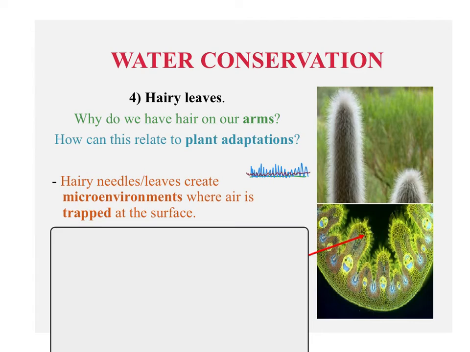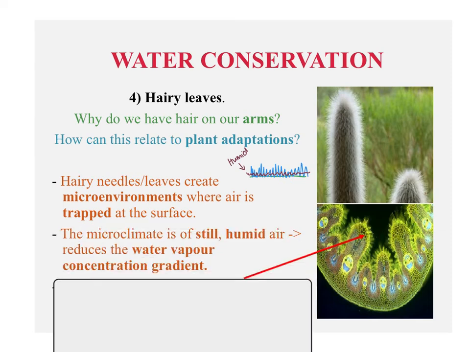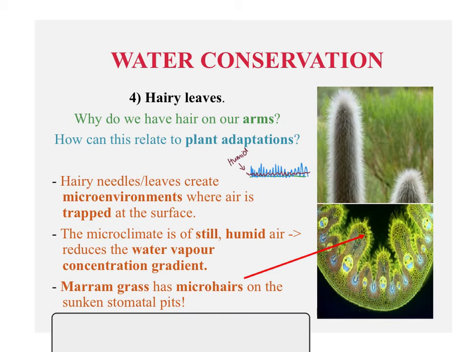The hairs are almost providing a little barrier for air movement. So that means that air is now nice and humid. And again, that humid trapped air means that we get a reduced concentration gradient.